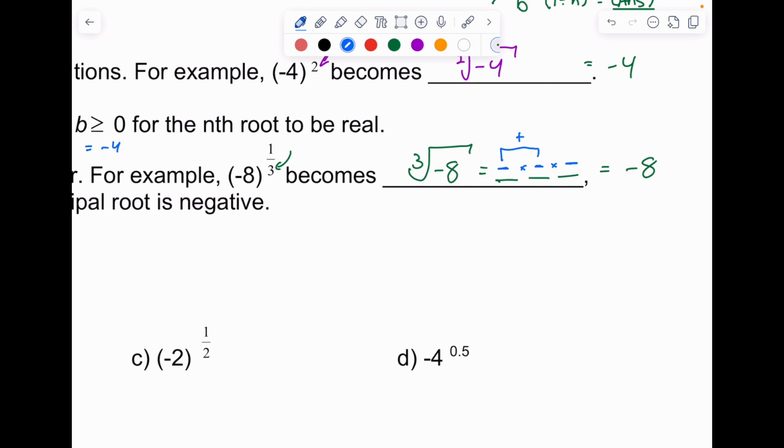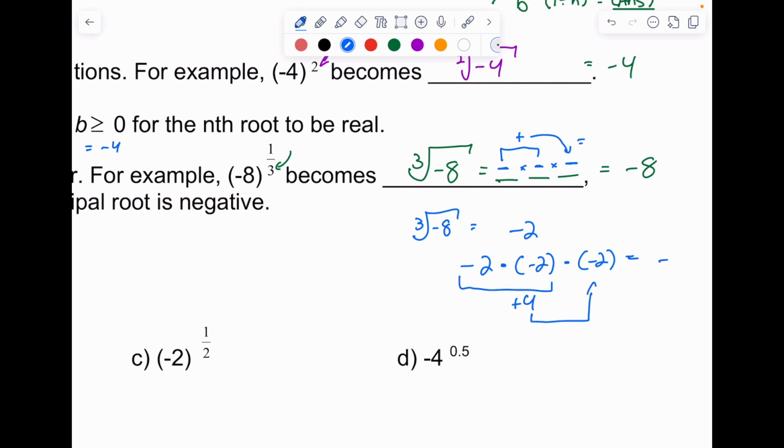But then a positive times a negative gives you negative. So in this case, when you take the third root of -8, you're actually going to get -2. That's because -2 times -2 times -2, all right, these first ones will give you +4, but then +4 times -2 gives you -8, okay?